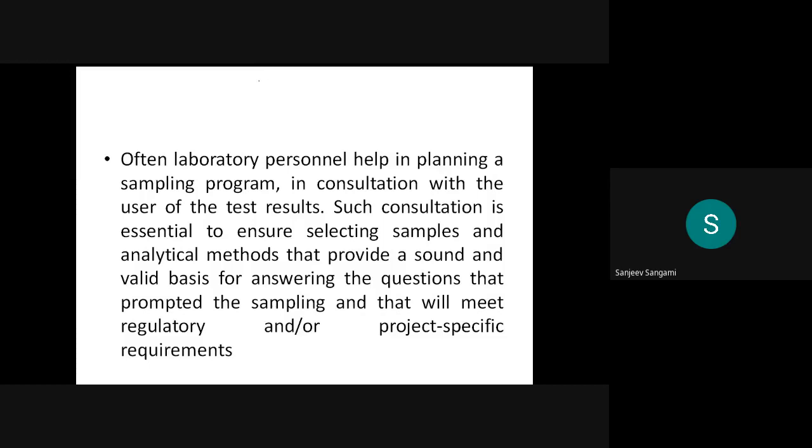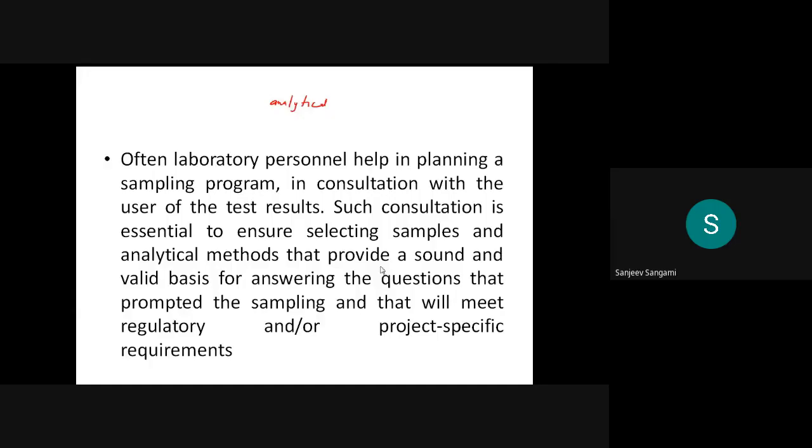Whenever you are doing the sampling, you should first finalize the analytical methods. It is very important because each analytical method has its own preservation techniques.